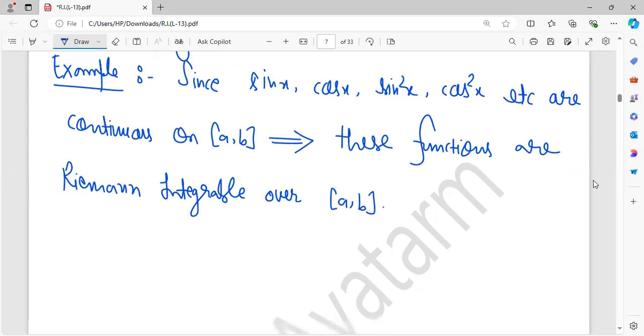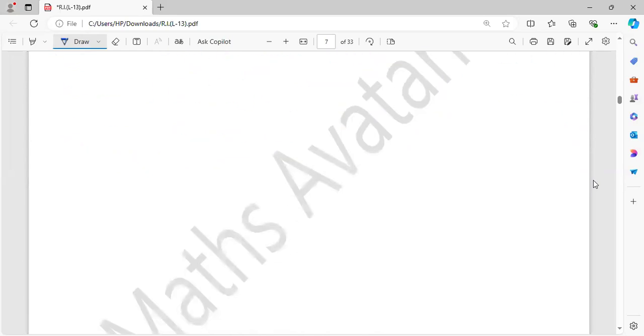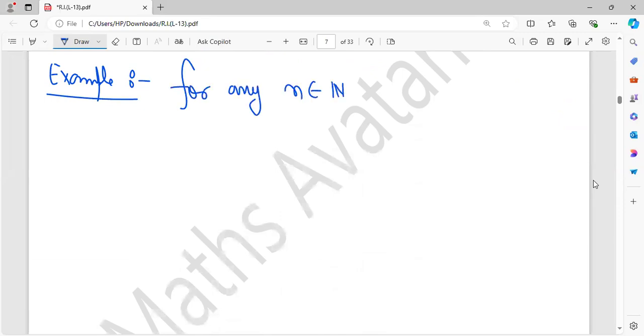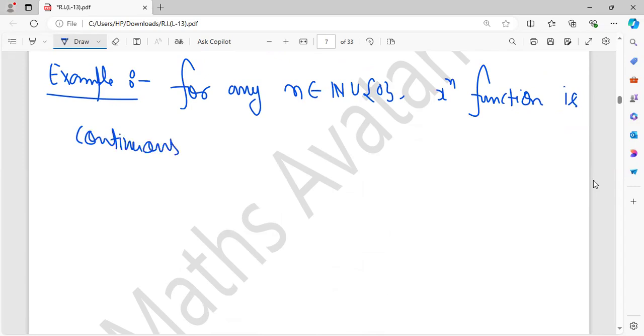Now next example. For any n belonging to the natural numbers union 0, the function x to the power n is continuous on [a, b].